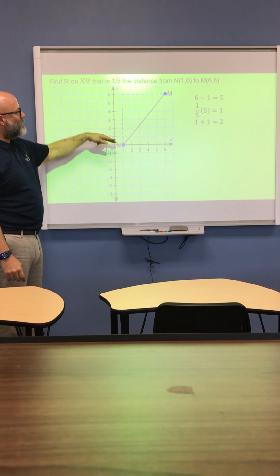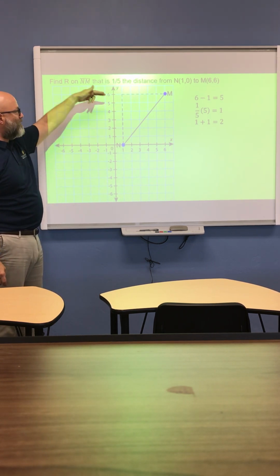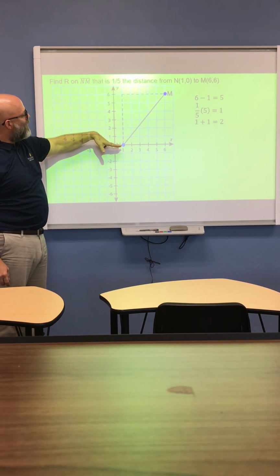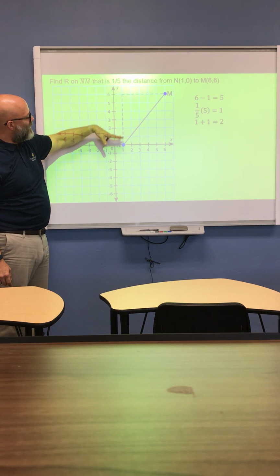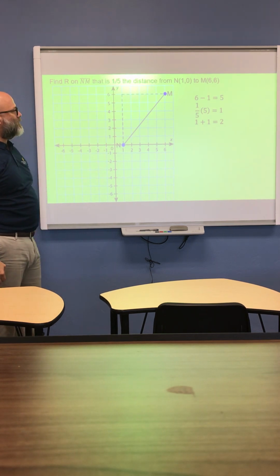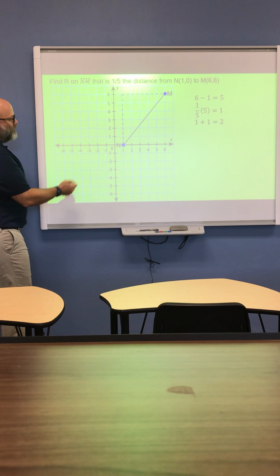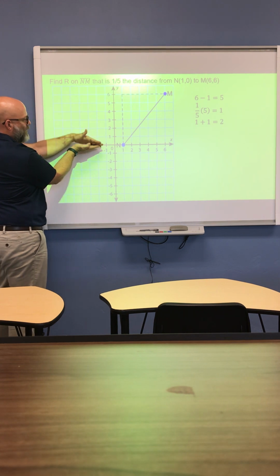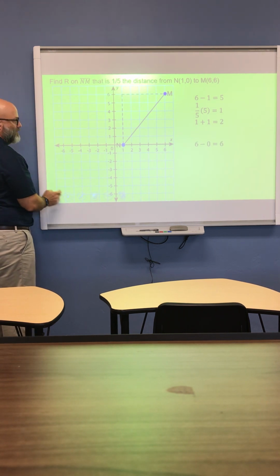Now I've got to repeat this in the y direction. I need to go 1/5 the distance from N up to M. So maybe right about there. Where's that going to be? Well, we start by finding that distance. Top minus bottom, right? 6 minus 0 is 6.